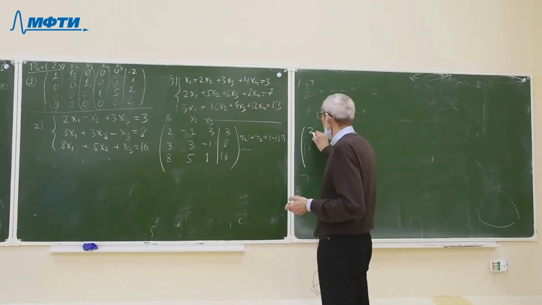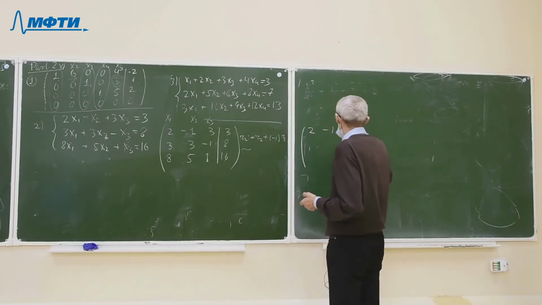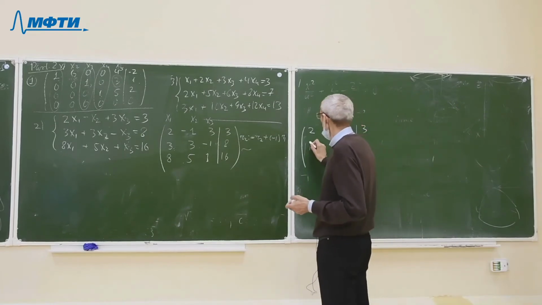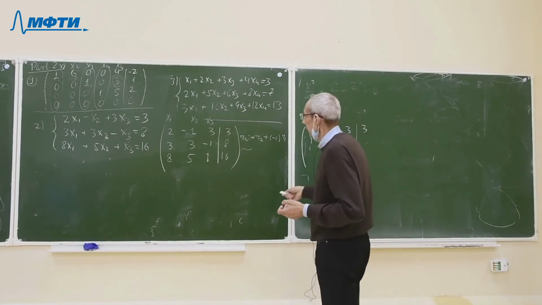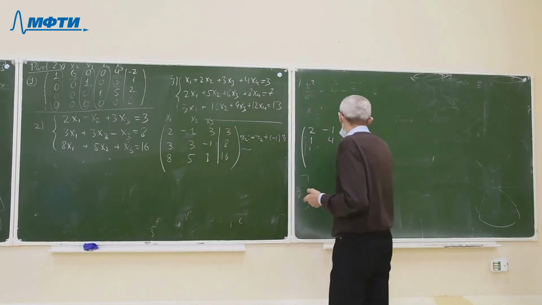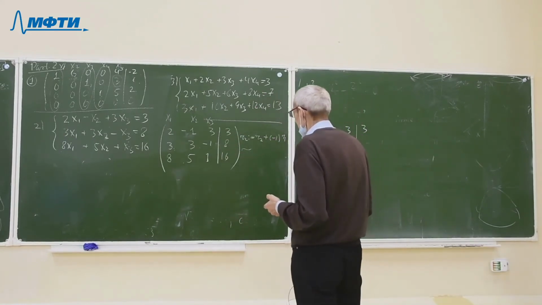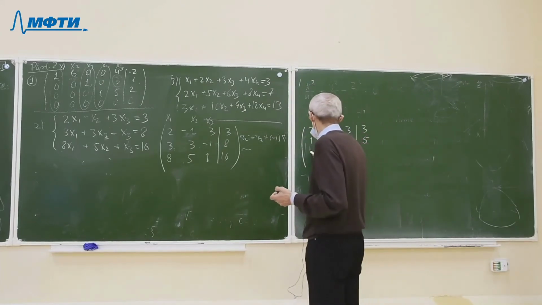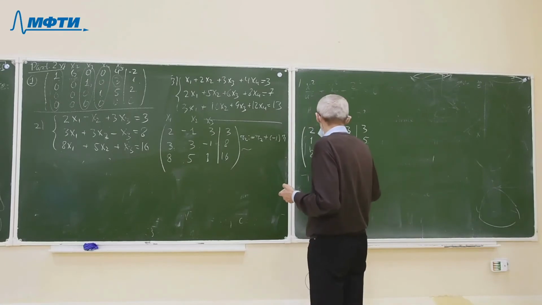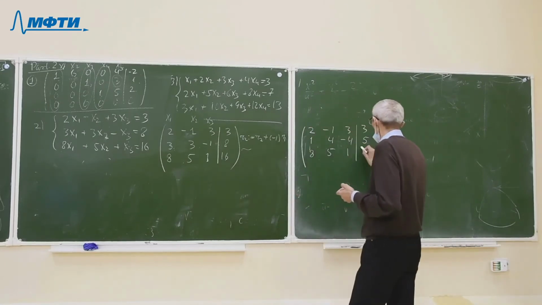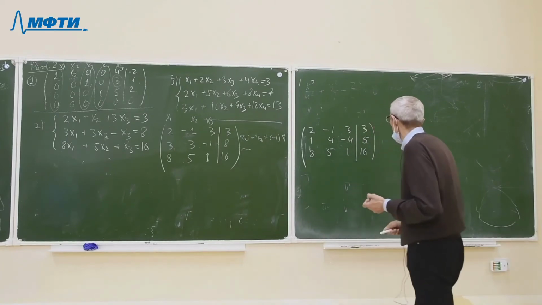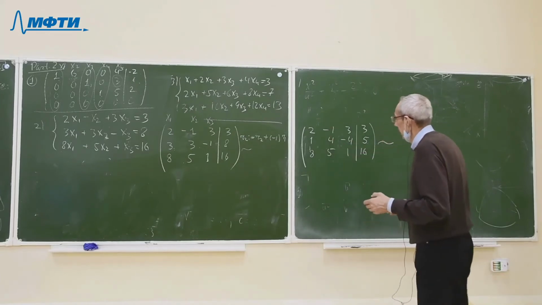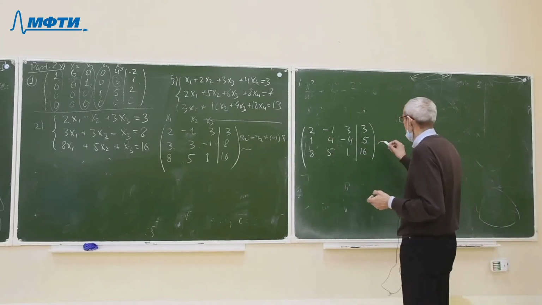After this transformation, the first and third rows are not changed. 1, 4, -4, 5. Let's change the position of the first and second rows.